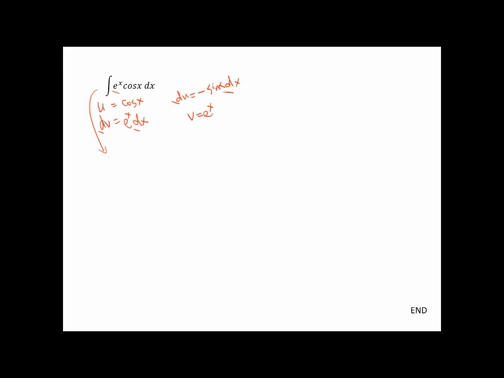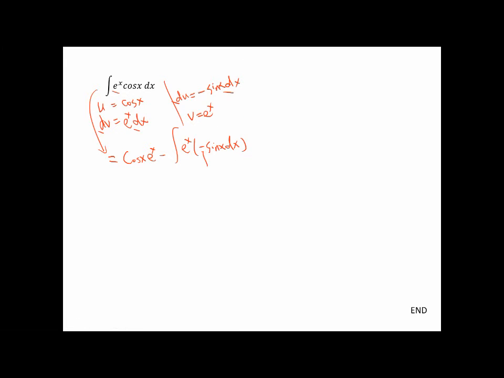Okay, apply formula. This equals uv, cosine x e to the x, minus integral new column, right? e to the x negative sin x dx.